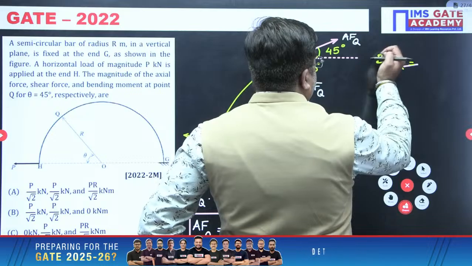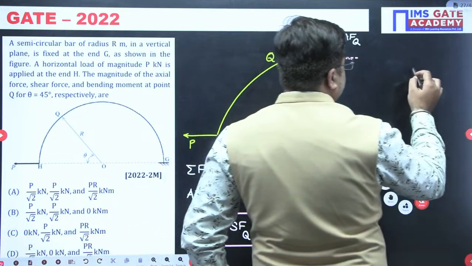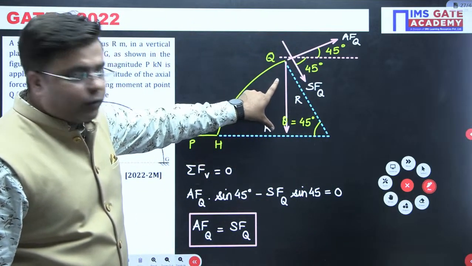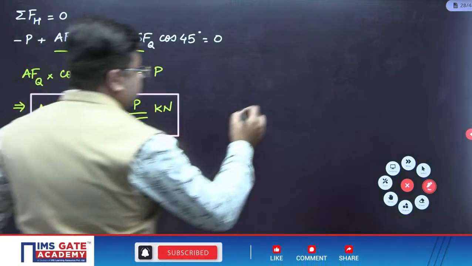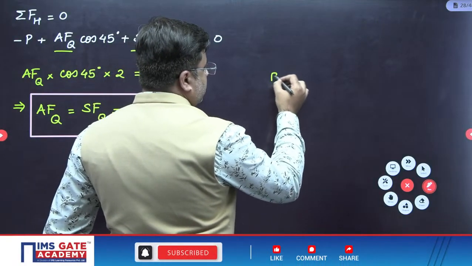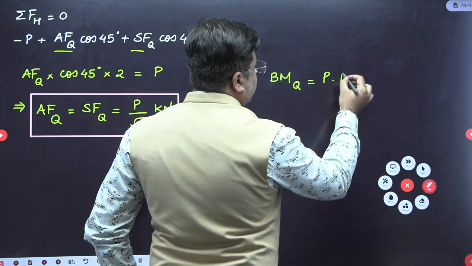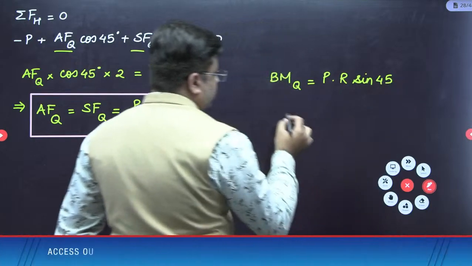So bending moment at Q is equal to P into R sine 45, and sine 45 is 1 by root 2.